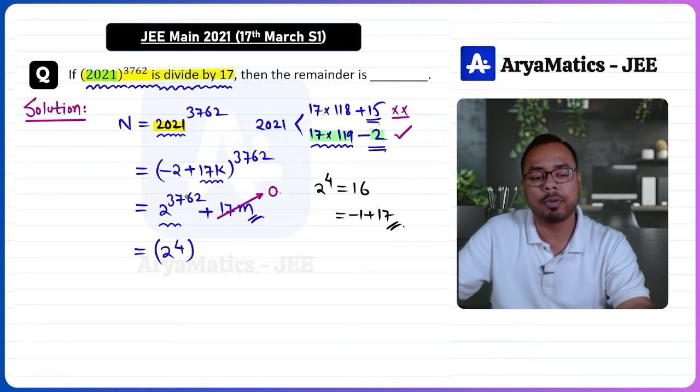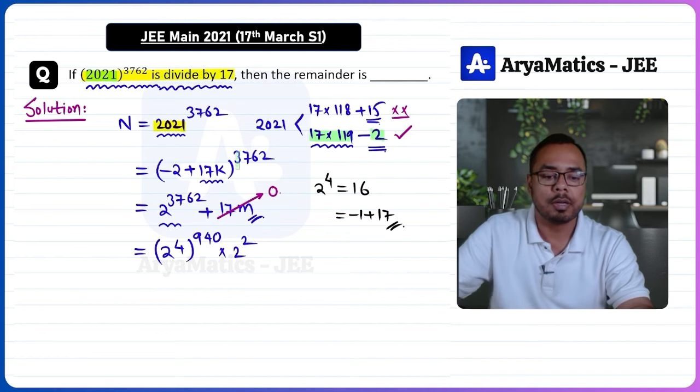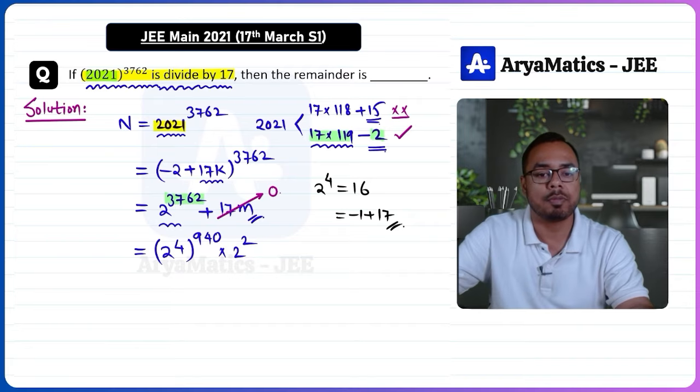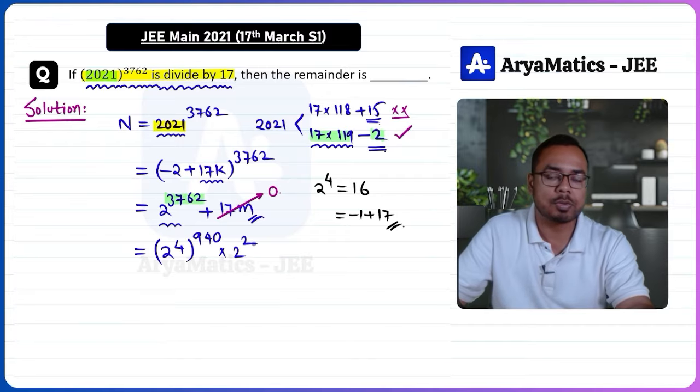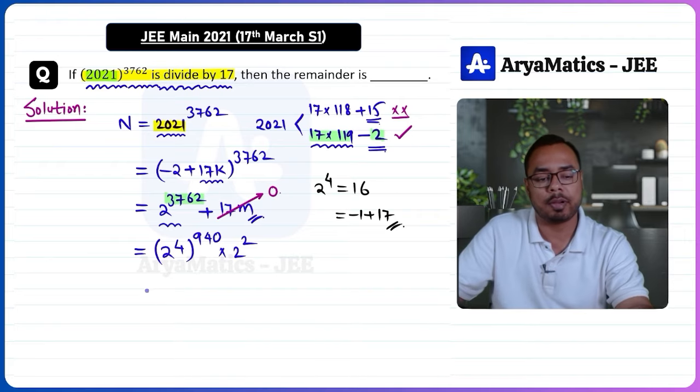So 2 raised to 4, and then 3762: 3760 will be a multiple of 4, in fact you will get 940, and this multiplied by 2 square. Because this number is not perfectly divisible by 4, we have separated 2 square, and then 3760 will be 4 into 940.